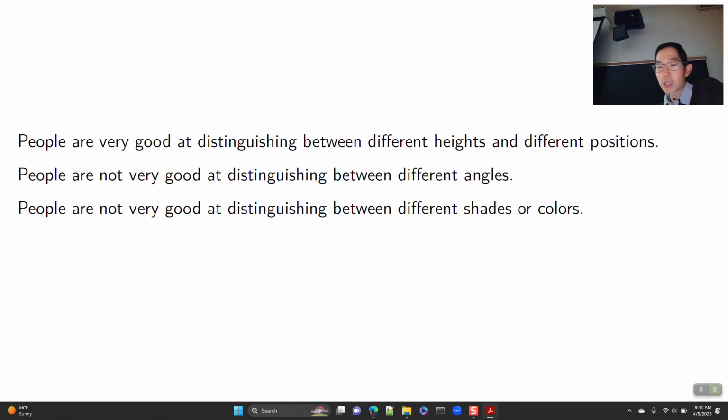Oh, I guess before I go on, there's a few things to keep in mind, okay? People are very good at judging from a distance a difference in height and a difference in lengths, okay? If one of these letters was just a little bit off position, a little bit out of line, your eyes are able to determine that very, very quickly, okay?